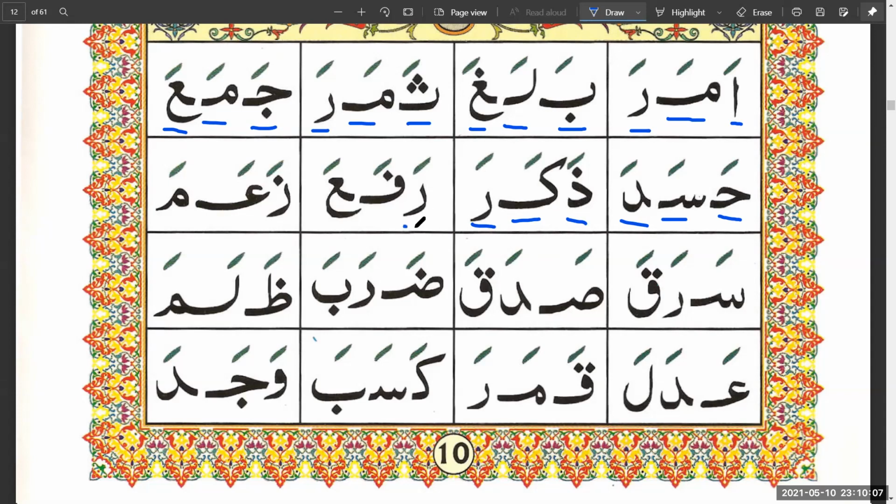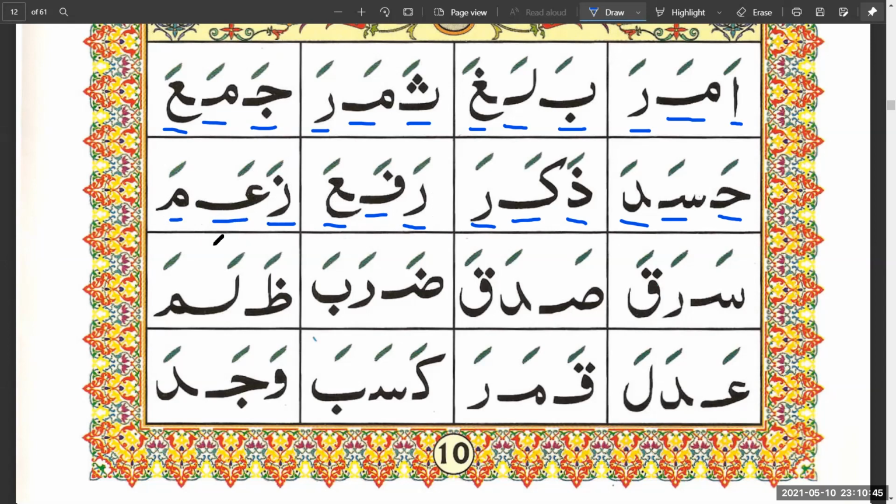Next one. Can you name this letter by yourself? If you said ra, you are correct. We have ra, fatha, ra, fa, fatha, fa, and ain, fatha, a. Ra fa a. Next one. Za, fatha, za, ain, fatha, a, and mim, fatha, ma. Za a ma.